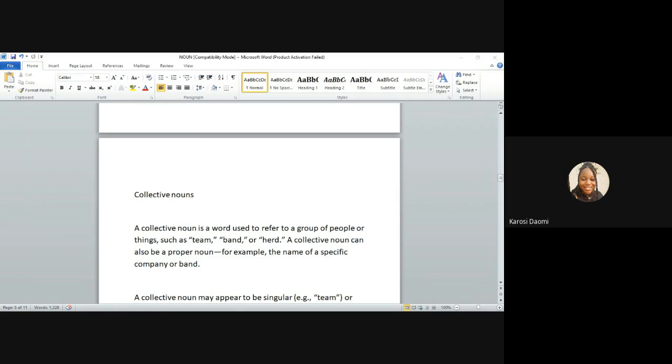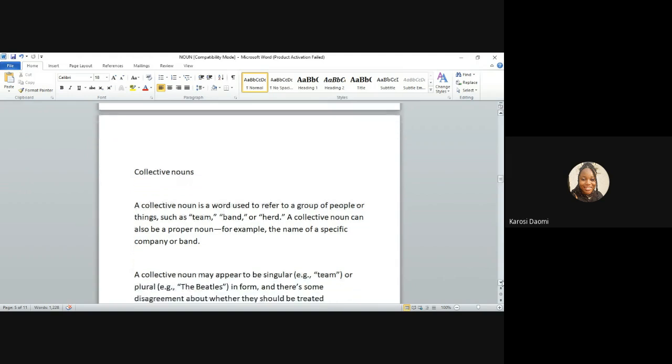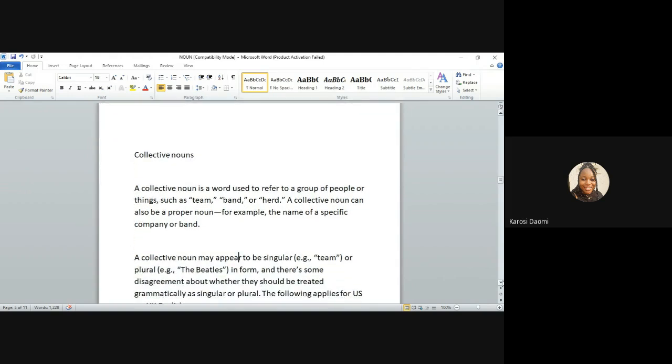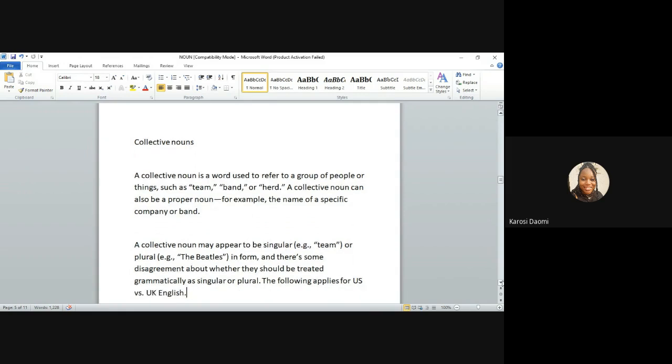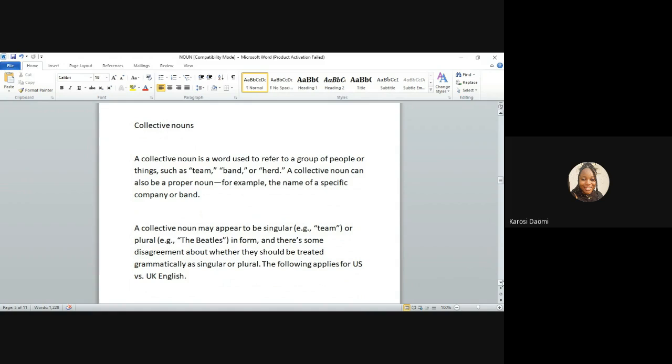Now, sometimes a collective noun can appear to be singular, for example, team, or plural, the Beatles. So it can be singular in form, and there are some disagreements about whether they should be treated grammatically as singular or plural.